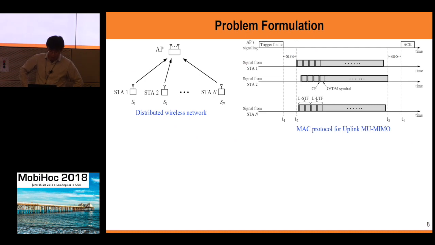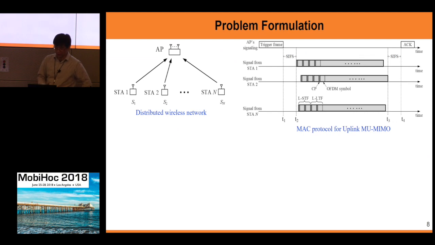This protocol has three phases. Phase 1: the AP broadcasts a trigger frame to the stations. Phase 2: once a station receives the trigger frame, it sends its data to the access point. Because they use independent clocks, the signal frames will not be aligned in the time domain or the frequency domain.